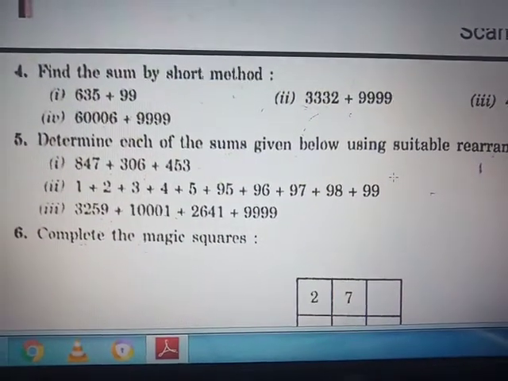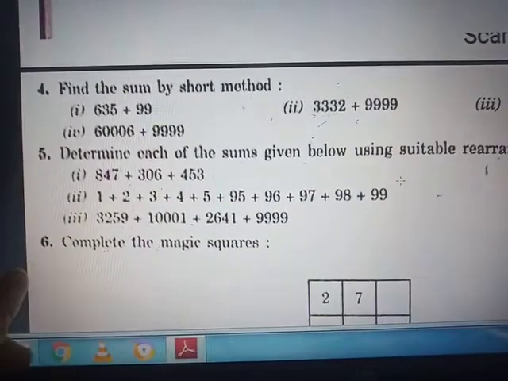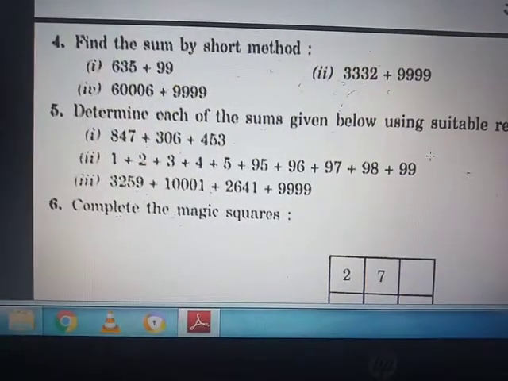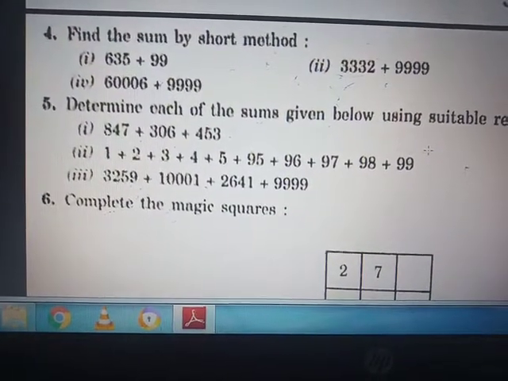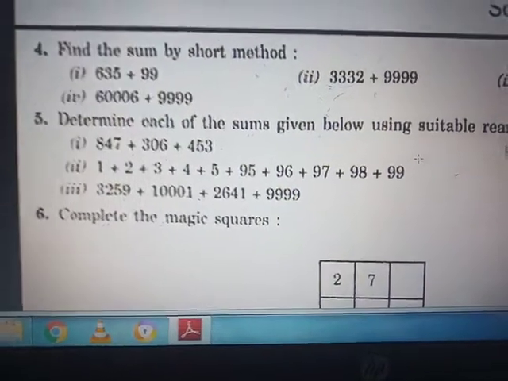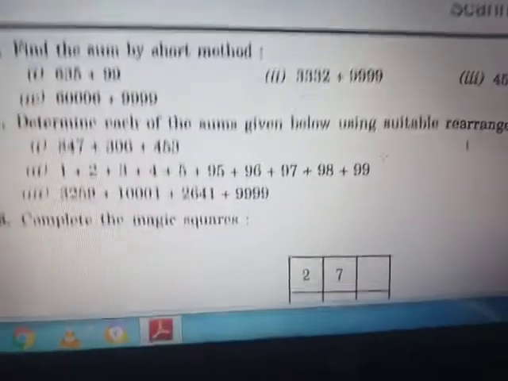That was our first part, and now we will move to the second part. Here it is 1 plus 2 plus 3 plus 4 plus 5 plus 95 plus 96 plus 97 plus 98 plus 99. First you have to arrange them in a simple form.